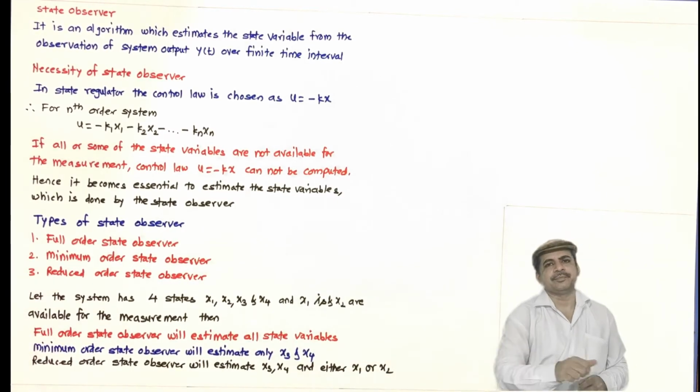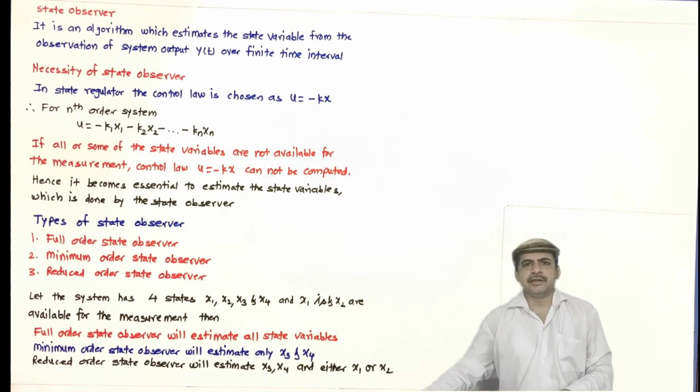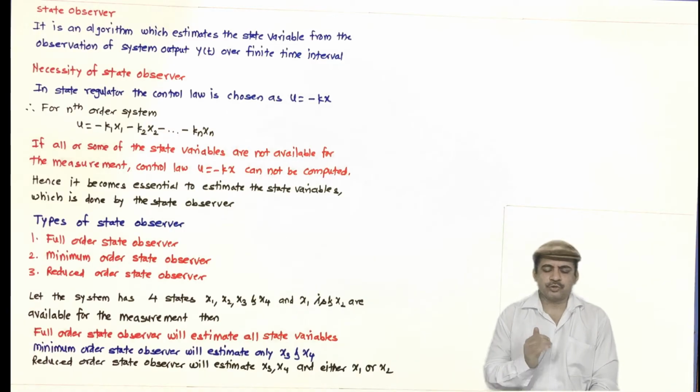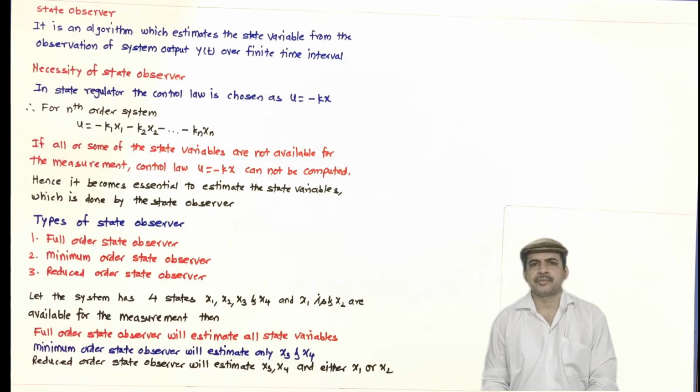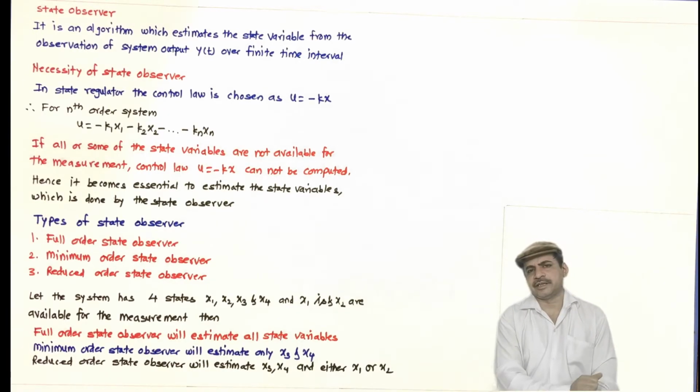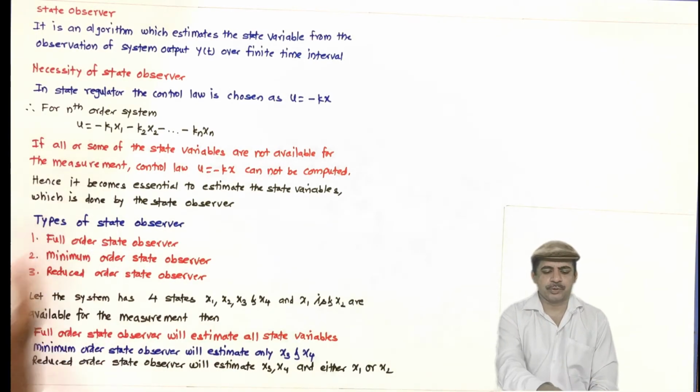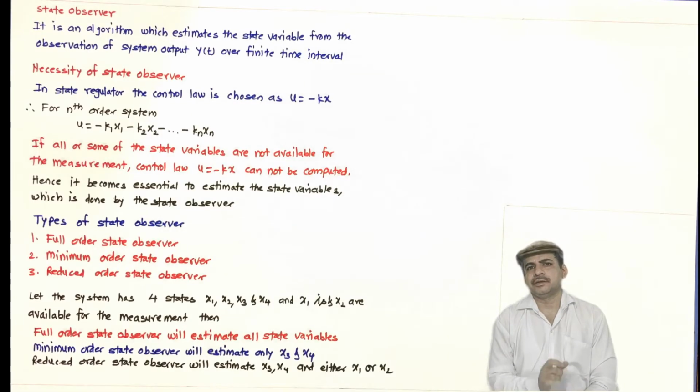So, any one of them. In many books, reduced order state observer is also referred to as minimum order state observer. But in general, these are the three types, and out of which the first two are generally used.